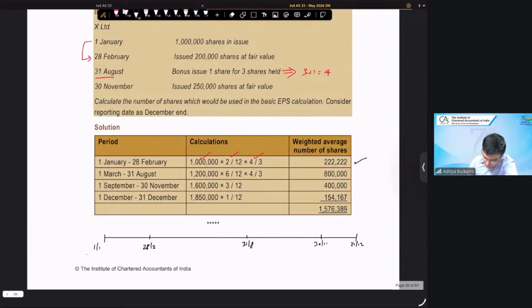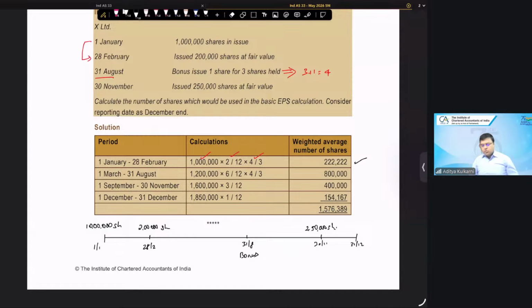We started off with 10 lakh shares. 28th February, another 2 lakh shares. Here I am having bonus and here I am having 2 lakh 50,000 shares.